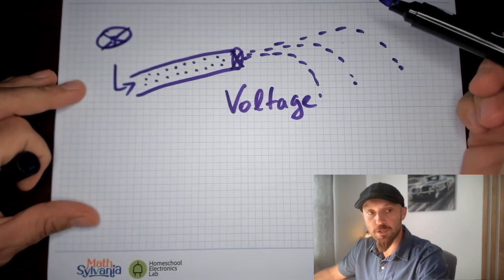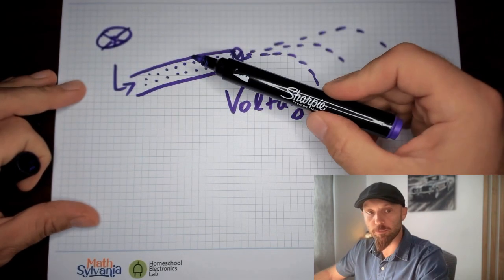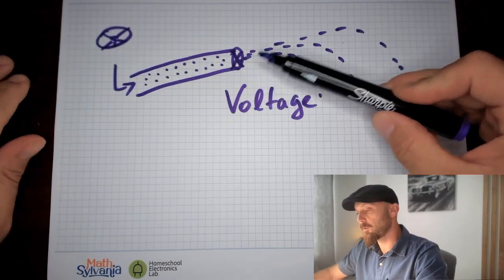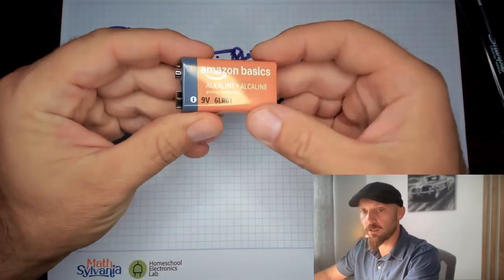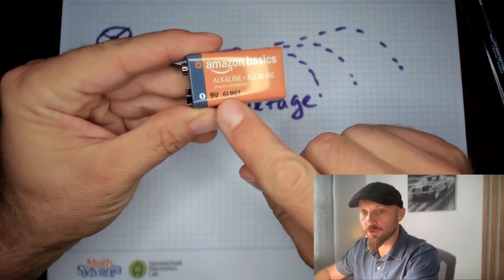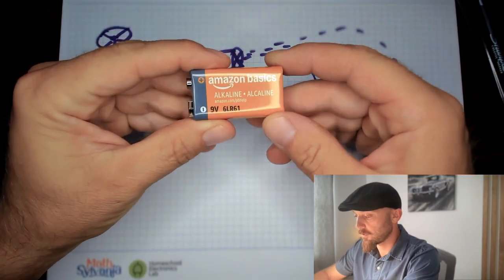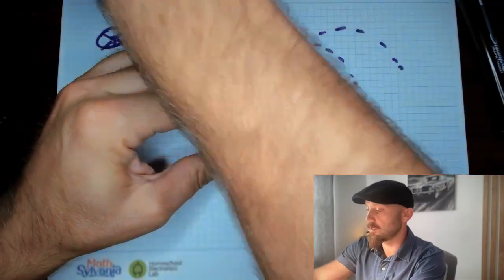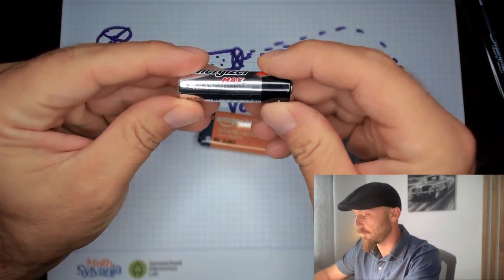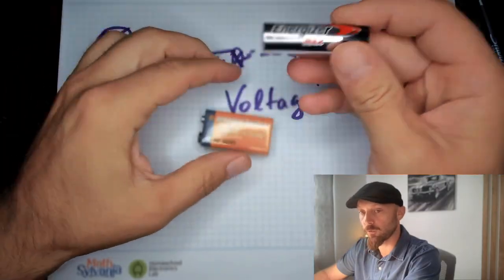Voltage is the potential energy, or electrical pressure, or push from the power source. When we take a look at a battery, let's say we take a look at this one, it says 9 volts. The pressure in this, or potential energy, is higher than in this battery, which is a 1.5, less than 2 volts.